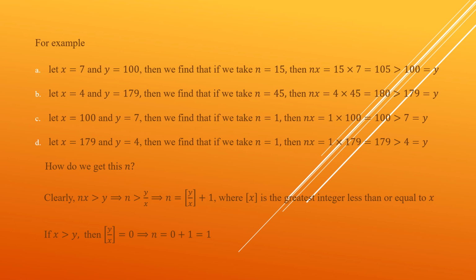In that case, since we want a positive integer, we can take the greatest integer function of y by x, which is always going to be an integer. And if it is 0, then we put plus 1, so we get a natural number. In case of any other integer, since y and x are positive, y by x is positive, and therefore we land with a positive natural number.